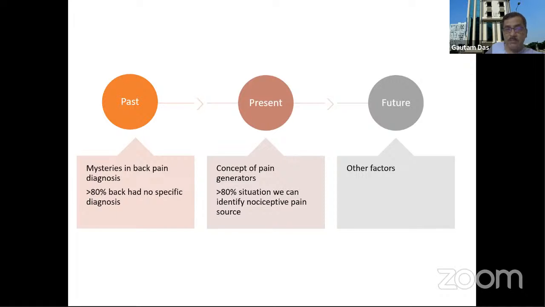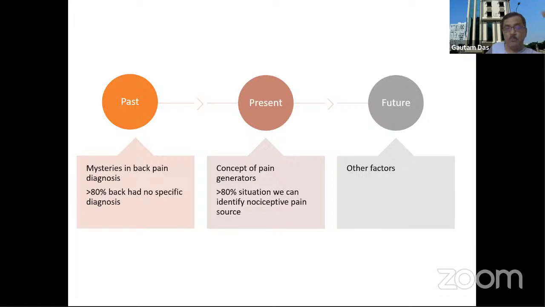And the majority of the time this was called non-specific back pain, but non-specific back pain is gradually becoming obsolete. Why? Because of the development of the concept of pain generators. Earlier, this concept was not there. The first publication on these pain generators was in 1999. So in that, what was done?